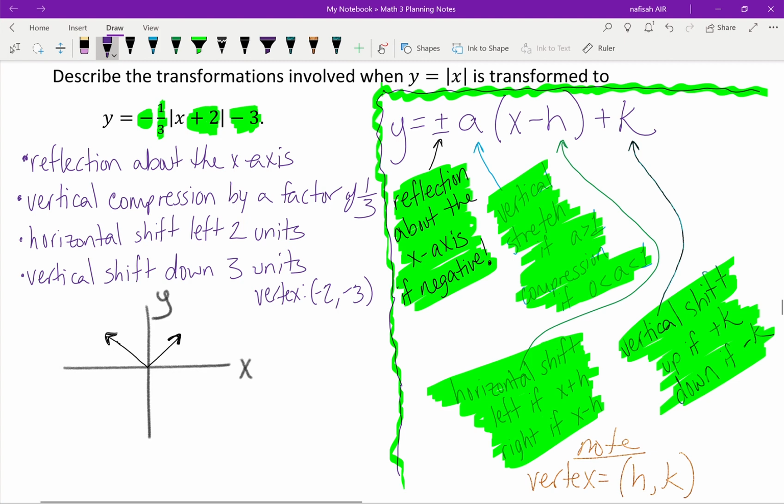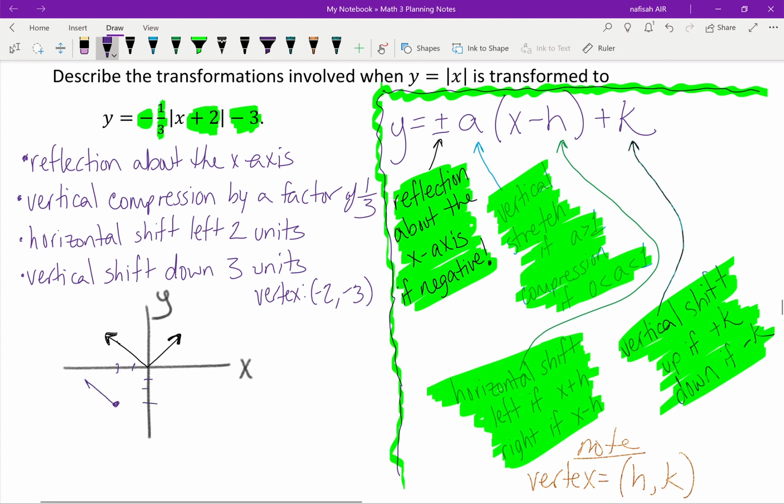H is -2. You always change the sign, keep the sign. So if that's my vertex, if I remember that I change the sign, keep the sign, then I know that I would have moved it -2, -3.